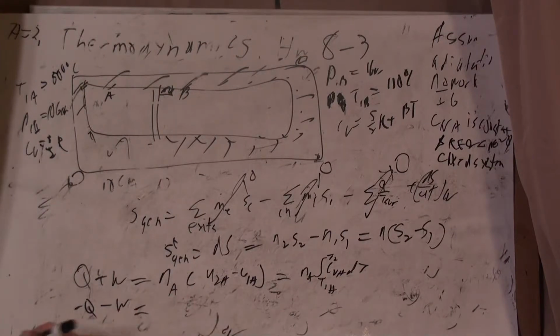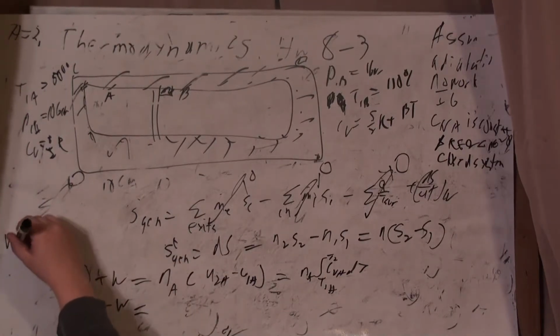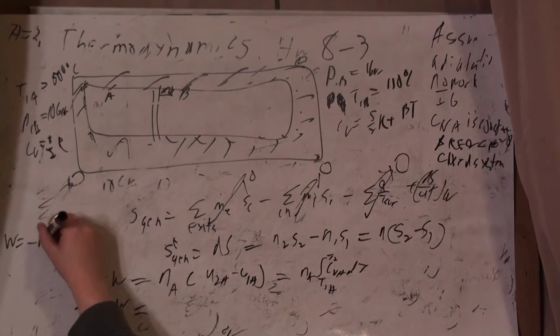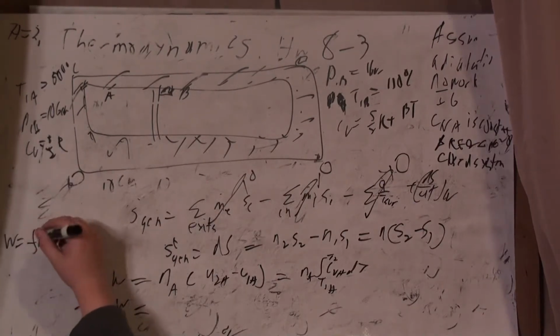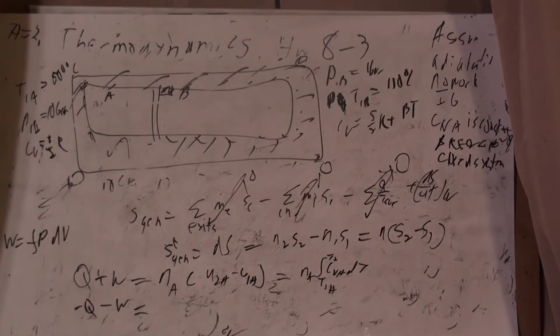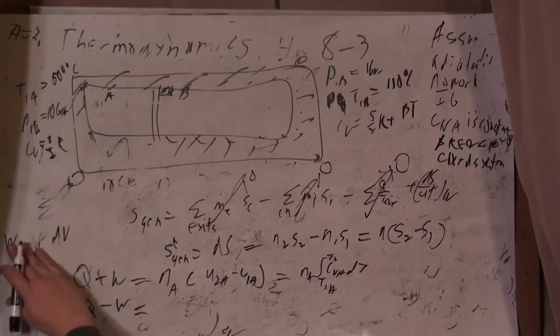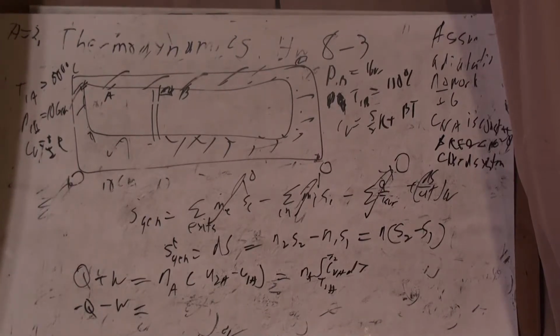And then our work is going to be equal to minus P dV. This is going to be an ideal gas. Pressure changing, temperature's not constant, volume's changing. I don't know if we can do that, so we're going to have to probably just keep our work as work.